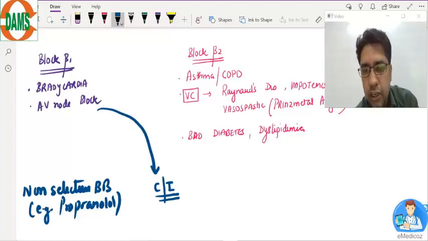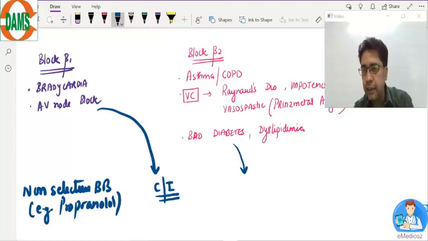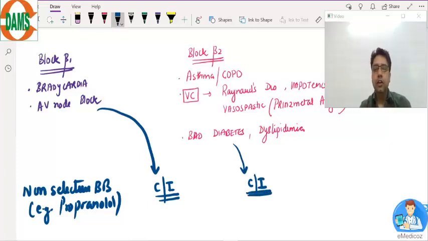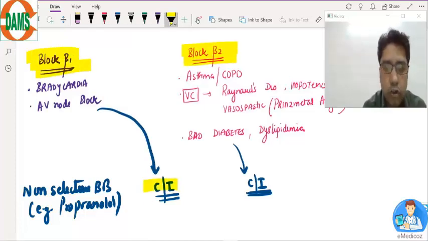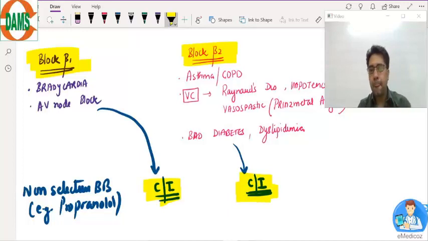And if a patient of asthma, COPD, Raynaud's disease, diabetes comes to you, propranolol is absolutely contraindicated. So propranolol or non-selective beta blocker, they are contraindicated in all these conditions.